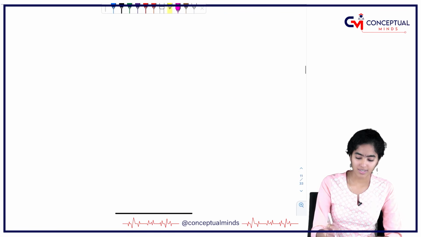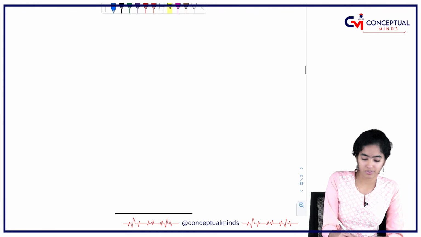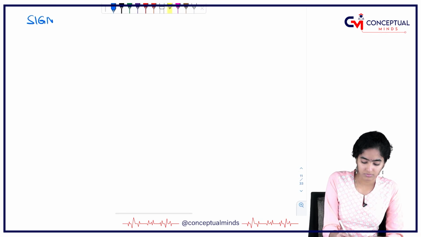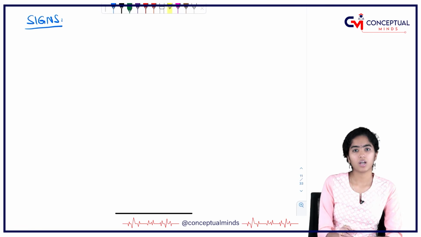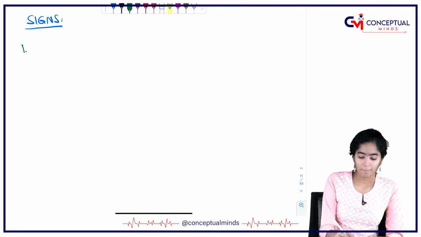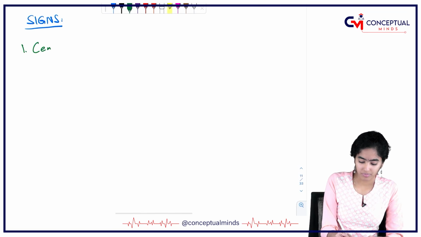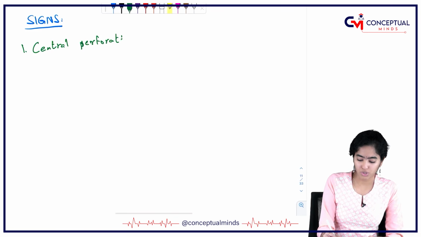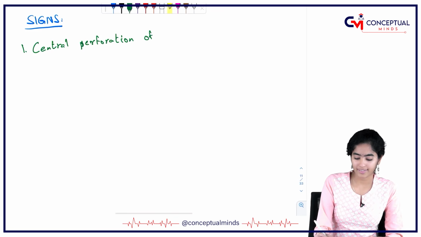Now let us see what are the signs that are observed. First is a central perforation of pars tensa. If it was attico-antral, what type of perforation is observed? A marginal perforation or attic perforation.